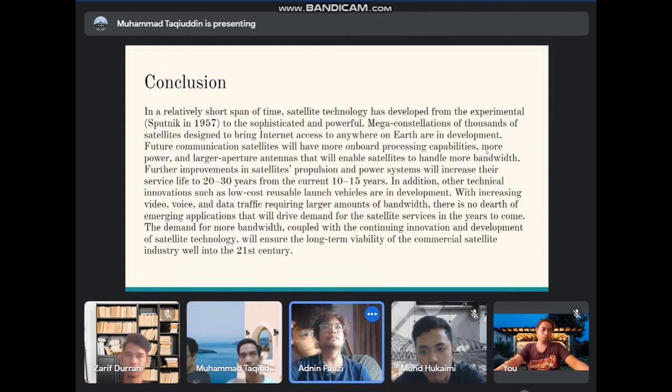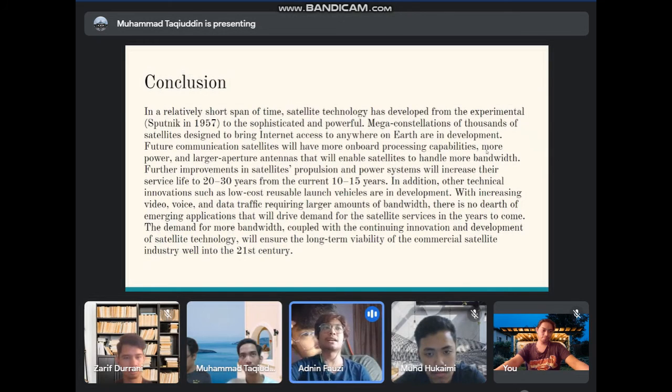As for the conclusion, in a relatively short span of time, satellite technology has developed from the experimental to the sophisticated and powerful. Mega constellations of thousands of satellites designed to bring internet access to anywhere on Earth are in development.